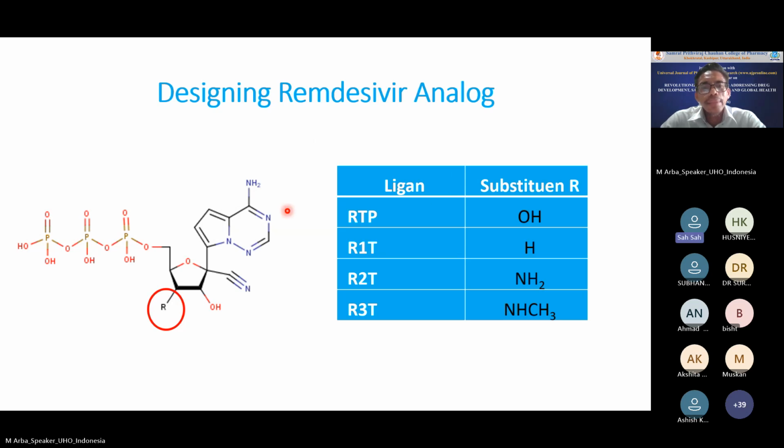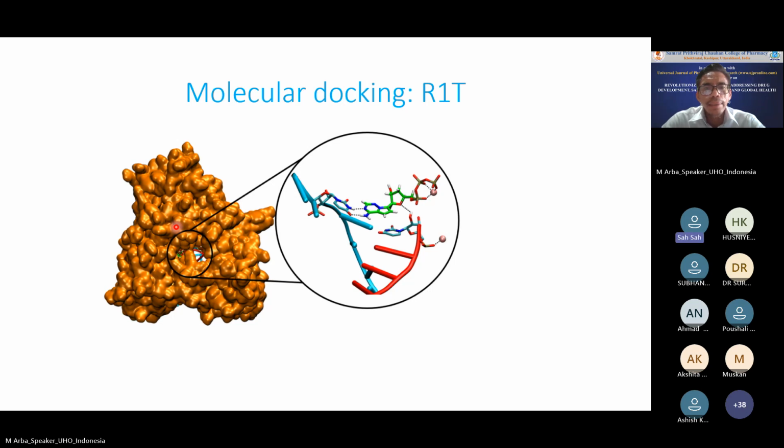Now after that, we designed new remdesivir analogs. We call them R11, R12, and R13, by substitution with amino and methylamino. Then we change the substituent here, while the rest of the molecule is not changed. And then we performed molecular docking to see how the designed analogs interacted with the RdRp, and we see here.